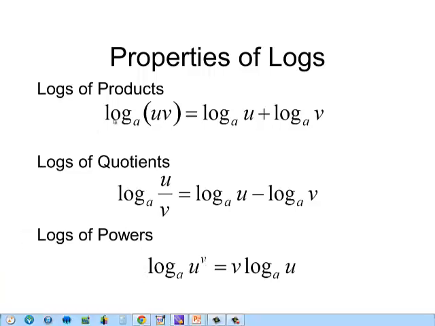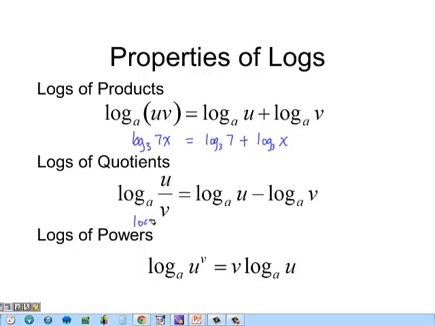So some examples might be, let's see, if we had log base 3 of 7x, that would be the same as log base 3 of 7 plus the log base 3 of x.